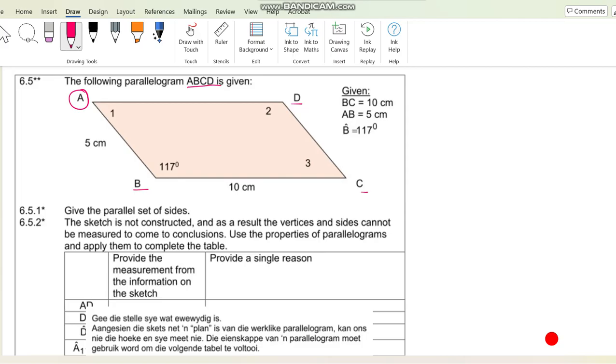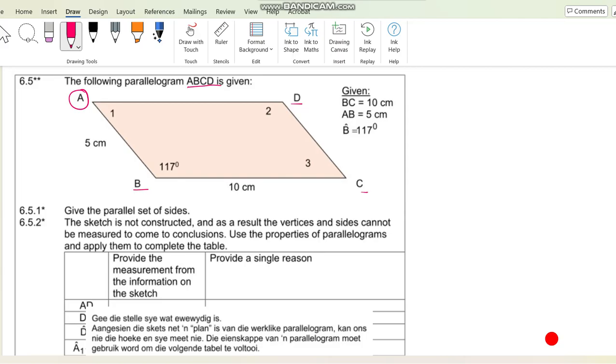You could do it clockwise or anti-clockwise, it doesn't matter, but you can't just go and name any corner. It still has to be in order. So in this case, they did it for us, and we leave it as is.